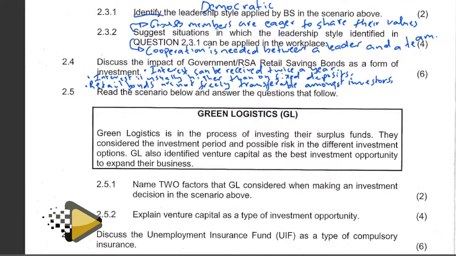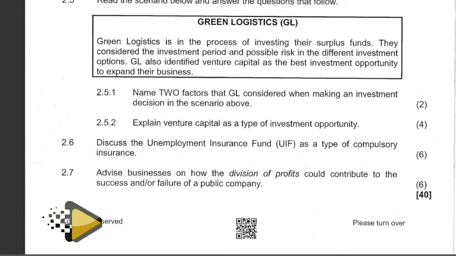Okay, right. Now let's move on to the next question, 2.5. It reads as follows. Read the scenario below and answer the questions that follow. We have Green Logistics, GL. Green Logistics is in the process of investing their surplus funds. They considered the investment period and possible risk in the different investment options. GL also identified venture capital as the best investment opportunity to expand their business.